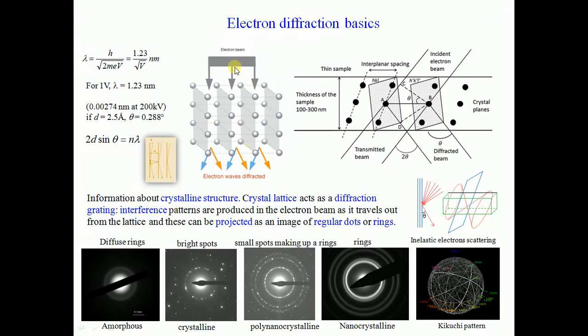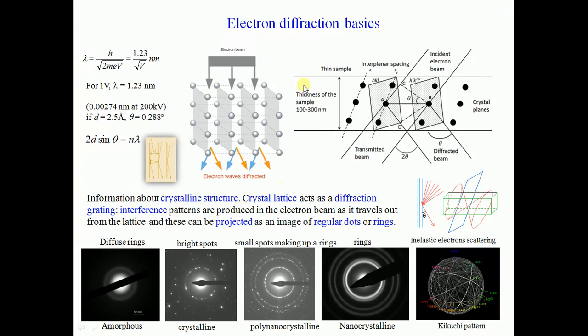It means you just talk in terms of the wavelength of electrons, then interplanar spacing based on other measurements, not on theta. So the incident beam interacts with your crystal plane, and this is the transmitted beam and these are the diffracted beams, and this is the angle between incident and diffracted beam, and this angle is very, very small. That's what I want to tell.